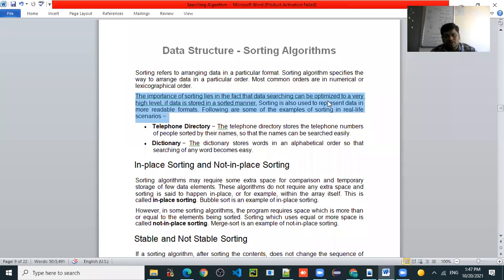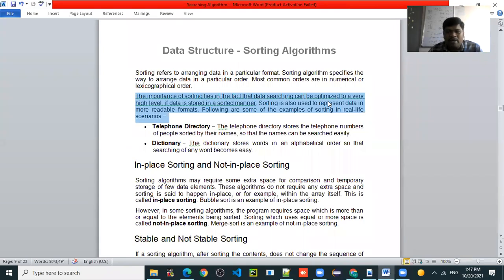It is very complicated to search. Suppose 10 lakh words are there and you have not followed the alphabetical order and you want to search. You need to search from the first up to the 10 lakh numbers, right?